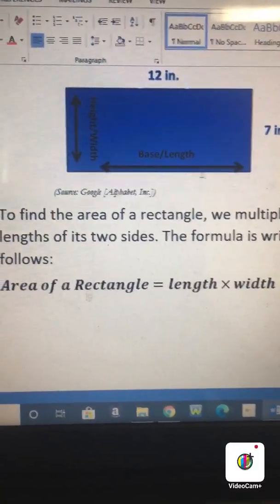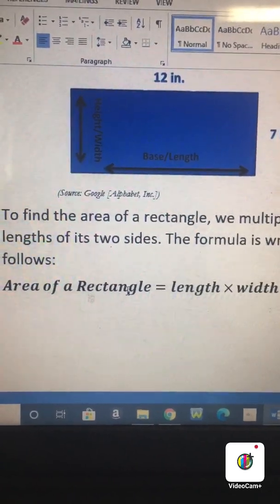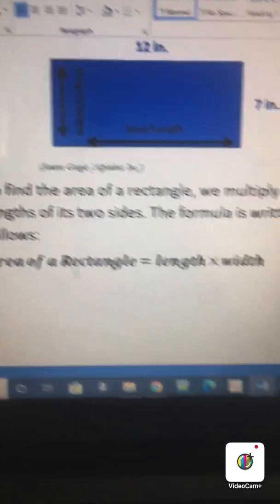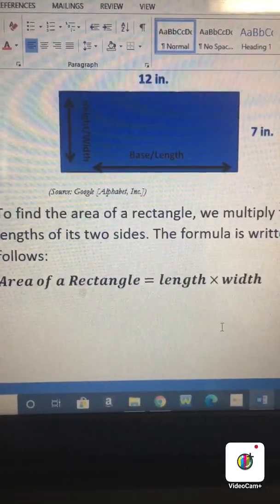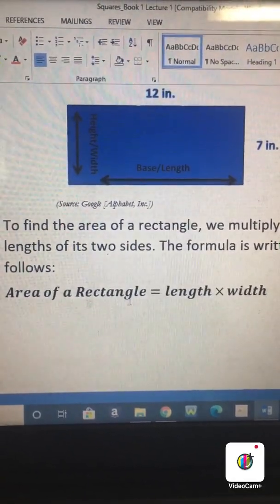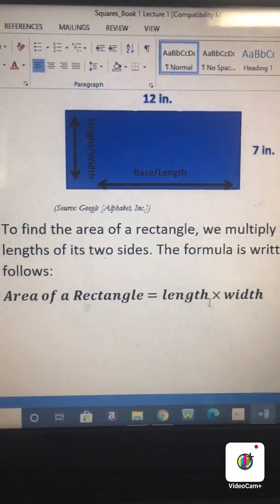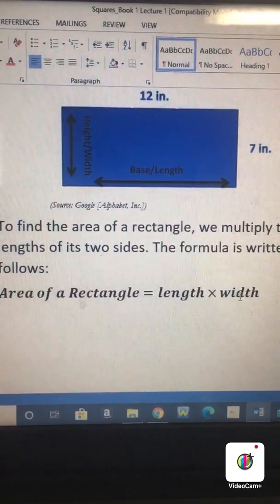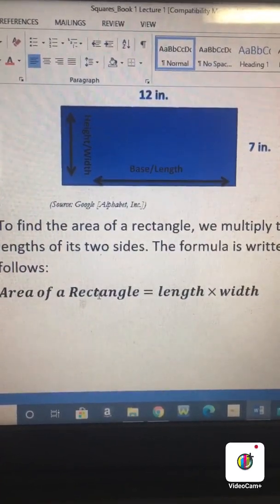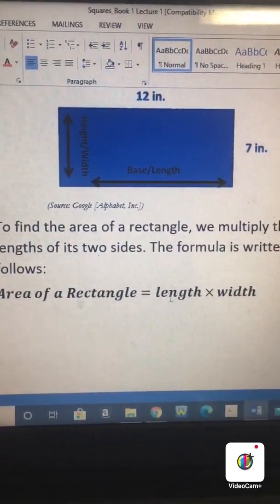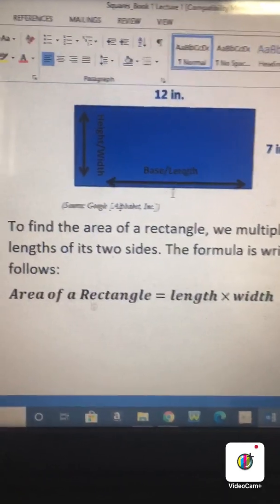But before we can do that, we need to know the formula for finding the area of a rectangle. That formula is here. Length times the width. So area of a rectangle is length times width. So let's try this one now.